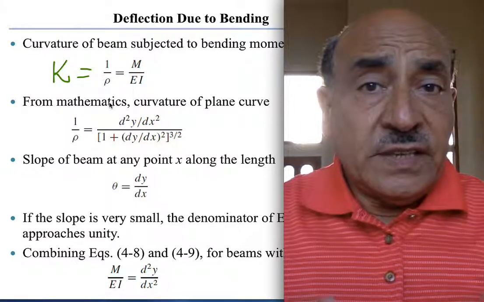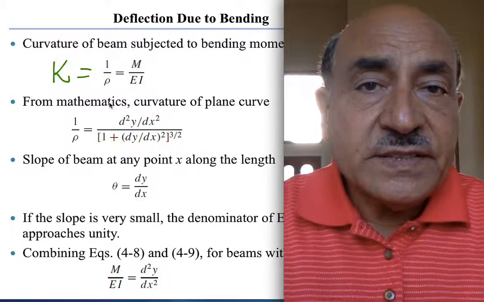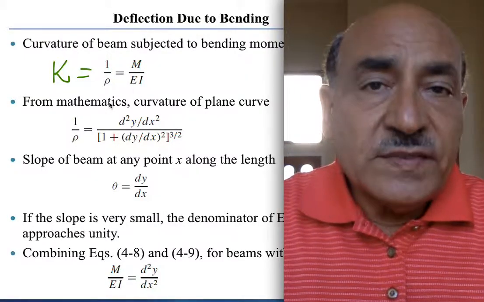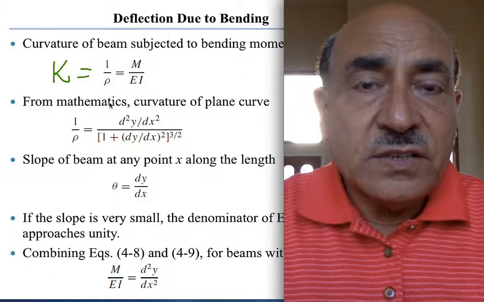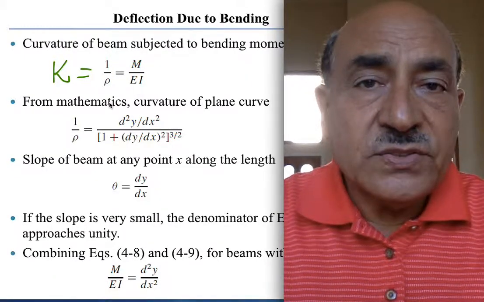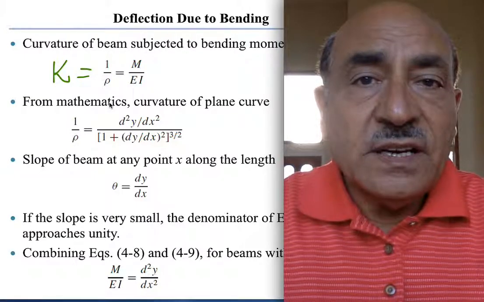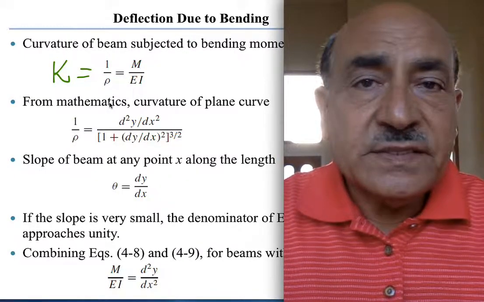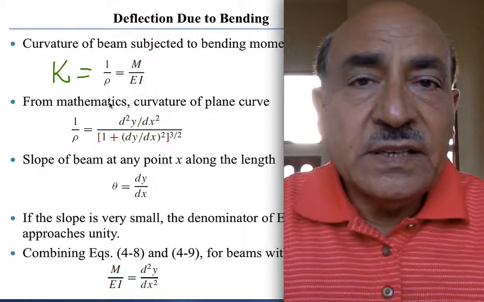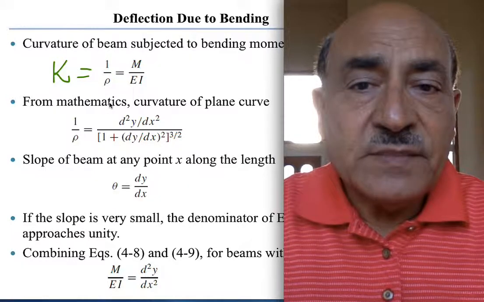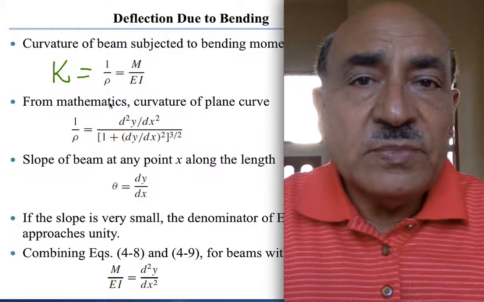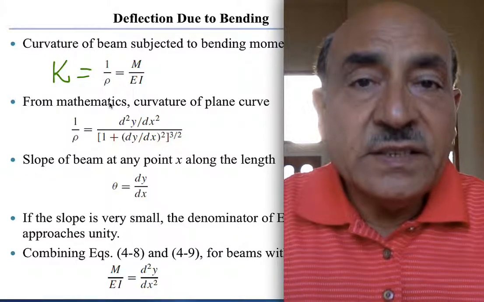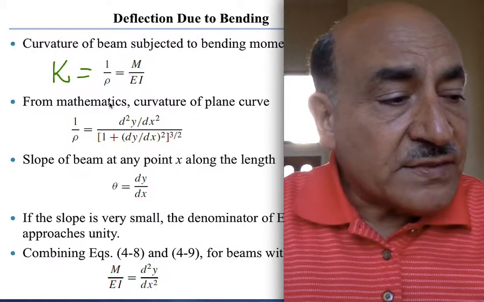However, the curvature from mathematics is equal to the second derivative of the curve that constitutes the beam axis, divided by a factor that we've known from our calculus a long time ago, that is 1 plus the first derivative squared, and all of that to the 3/2.